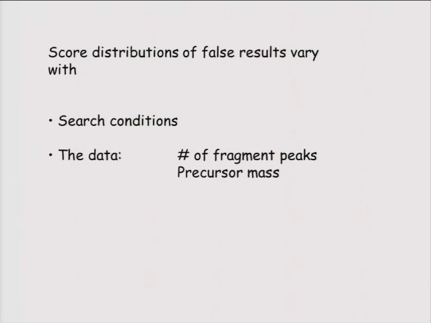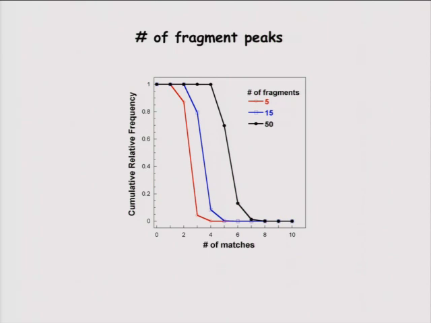So if we take a look at false identification results using fake data and real sequences, this is the distribution of scores when using the number of matches as the score.